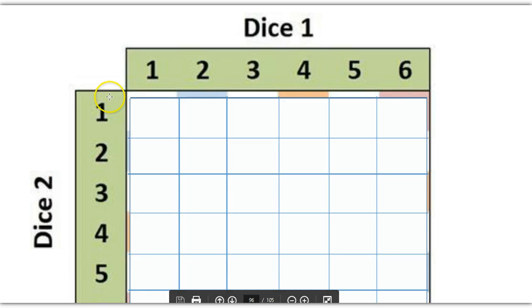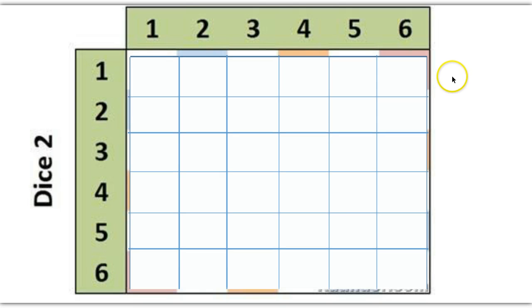Now in the booklet that I have, they have these filled out, but this is what's also in our textbook, kind of a reference to what would happen when you roll the dice. So you can get a 1, 2, 3, 4, 5, or 6, and your second die the same.